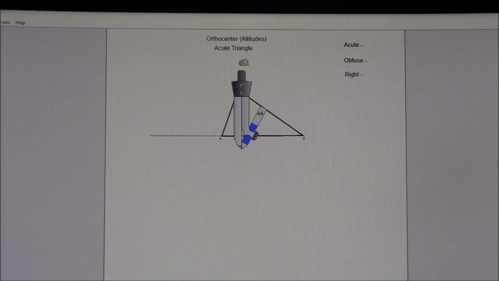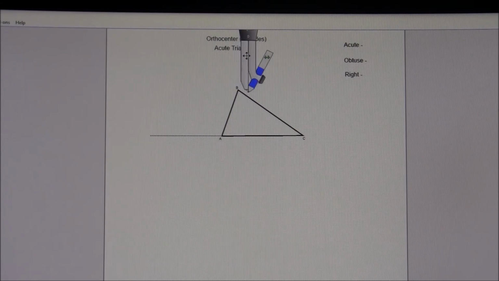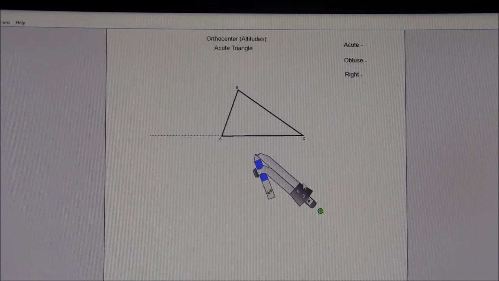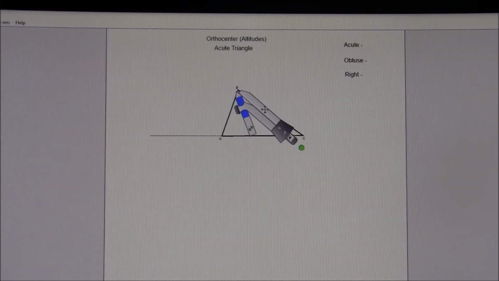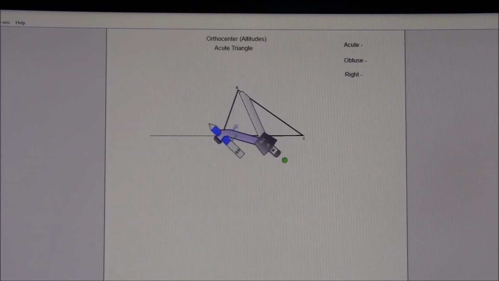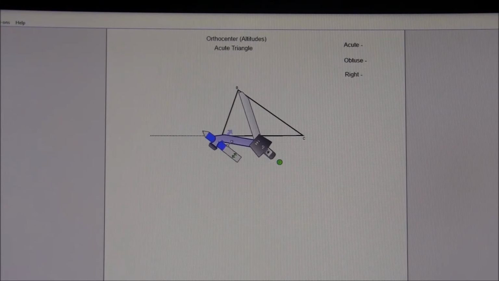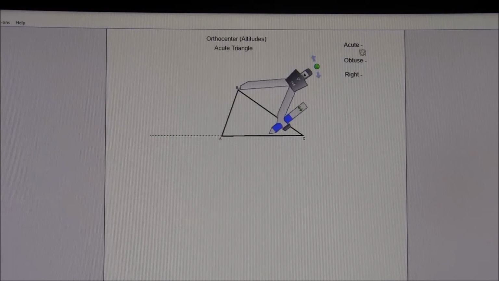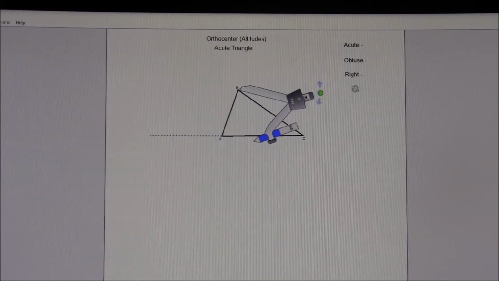I'm going to get my compass, put it on B. Here's the point, not on the line. Do you see what I'm saying? Let me see if this is going to work out for me. Yep. You see this arc that I'm about to make?